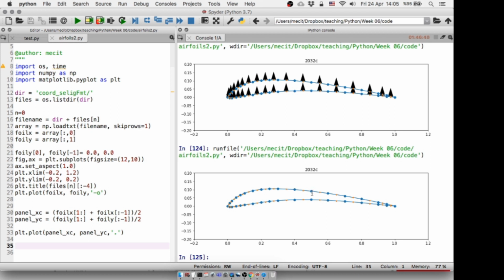I want you to make sure that you understand each of these panels is a linear line from this point to the next. So this is a line, so therefore it has a slope. Using that slope, how can you get the panel normals? Maybe you want to pause the video at this point and think for yourself a little bit before moving forward.